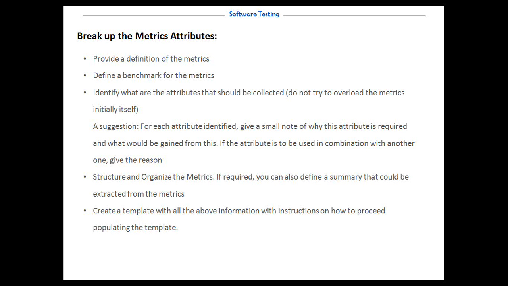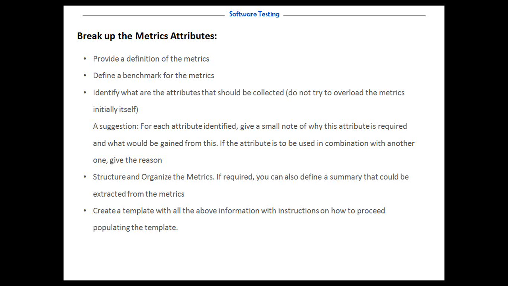You may need a buy-in from other teams over here for it to be a realistic figure, and compare it against industry standards. Identify what are the attributes that should be collected. Do not try to overload the metric initially itself, because as and when the metric evolves, you will have more information requests coming in. So keep it simple at the beginning and then slowly start evolving on it.